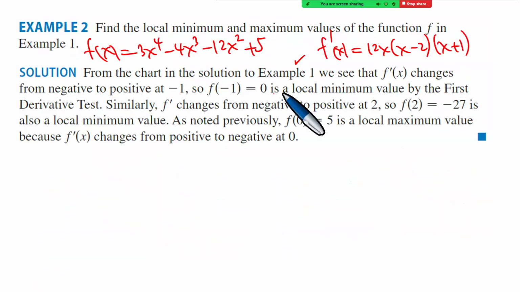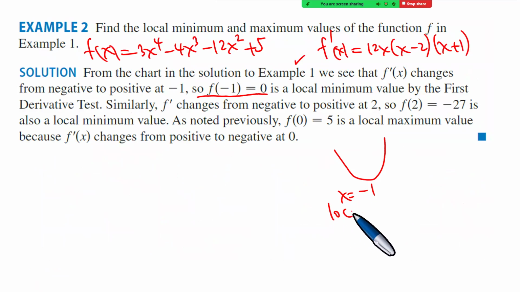So f of minus 1 equals 0 is a local minimum. The graph is doing this, and therefore at x equal to minus 1, we have a local minimum.